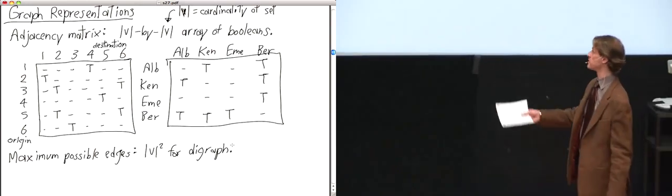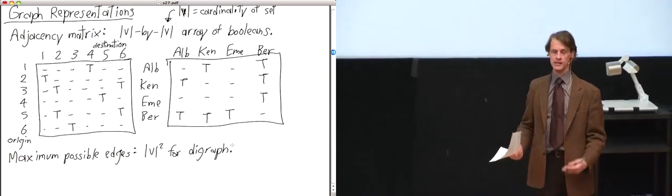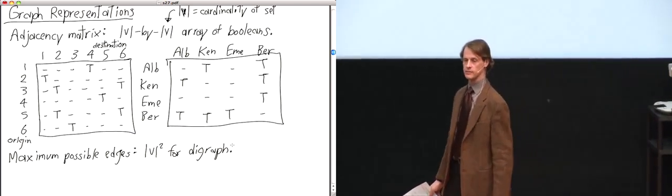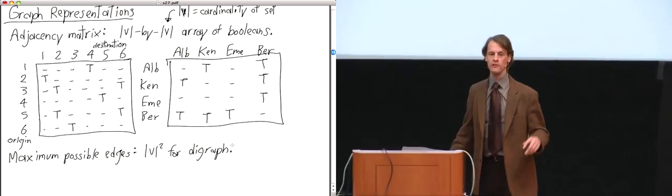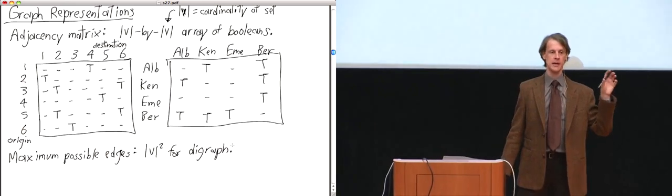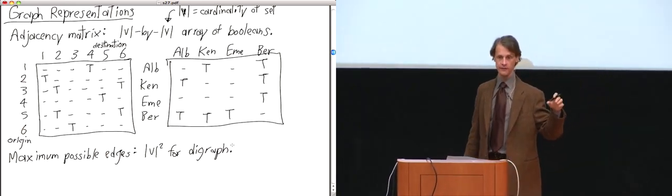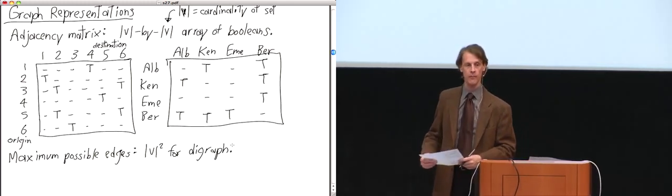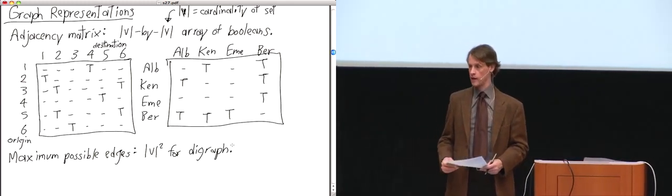It's not v squared because the Berkeley-Albany edge is the same as the Albany-Berkeley edge. In an undirected graph, they're not considered to be two different edges. So you roughly divide the number in half, except you don't divide the self edges in half. So you get just a little bit more than v squared over 2 possible edges in an undirected graph.